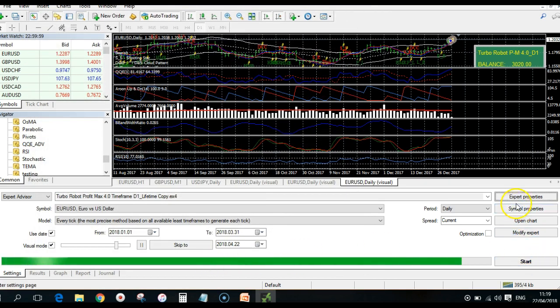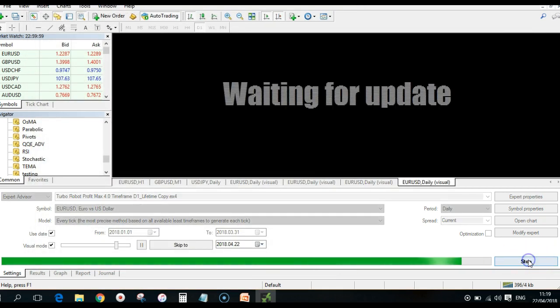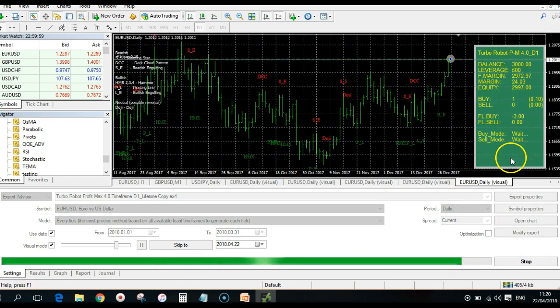So I will start it at 0.1. Okay. Starting with a loss first, because normally in the market when you enter, there's definitely a loss because of your spread. All right, so you can see that.